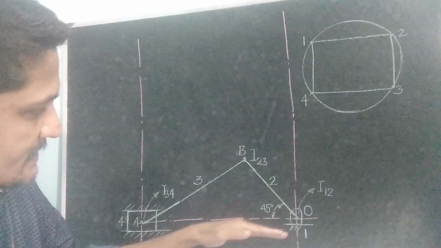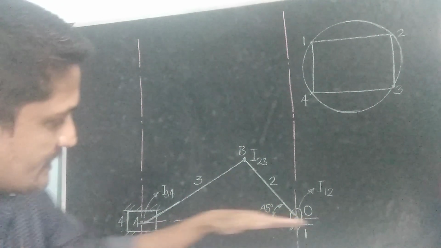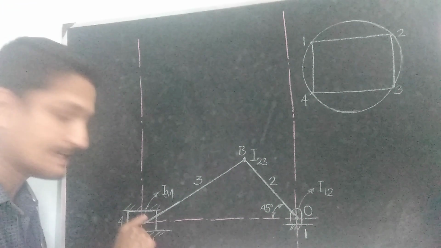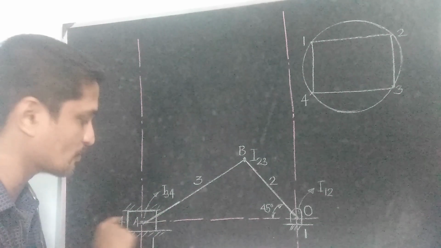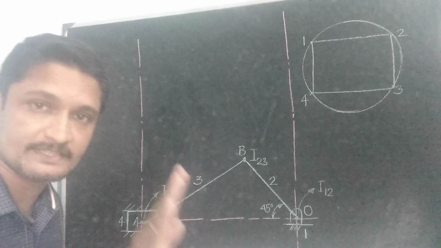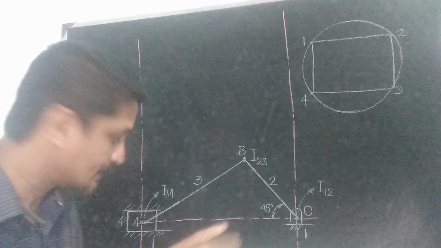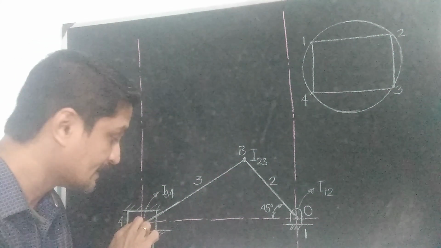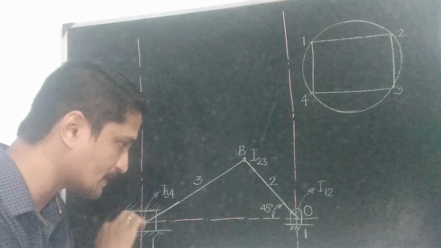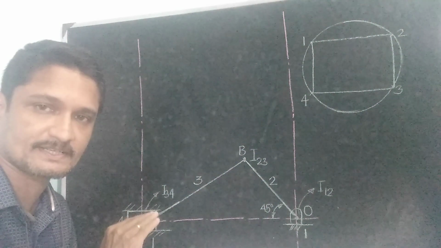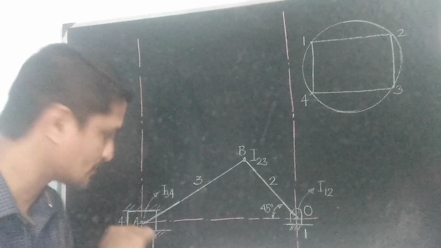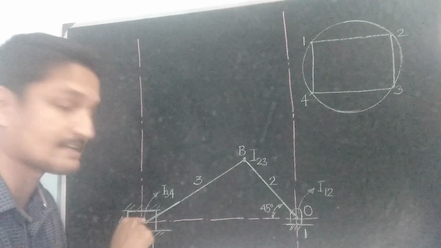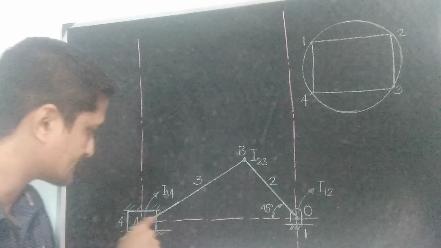Here we know that the first link is a fixed link, and the fourth one is a slider which has its velocity in the horizontal direction. For a link which is moving in a linear direction, in a straight line, we represent the instantaneous center at infinity.